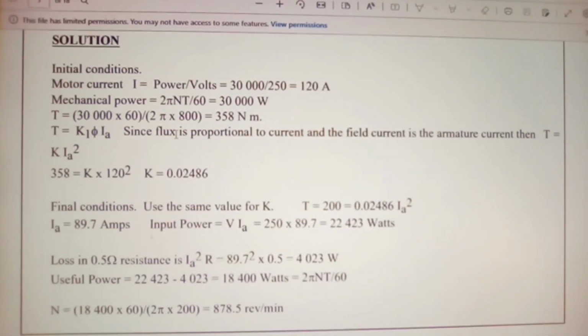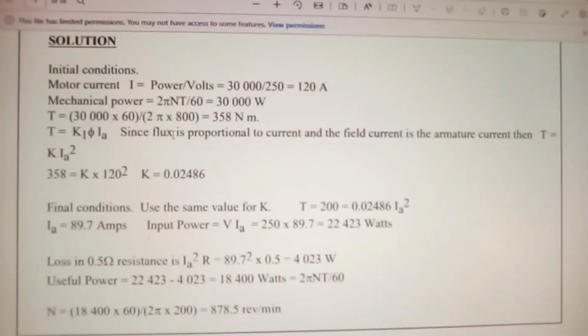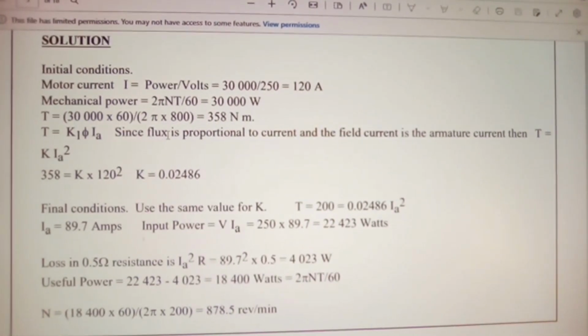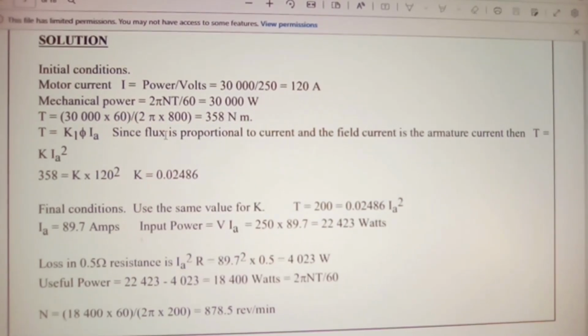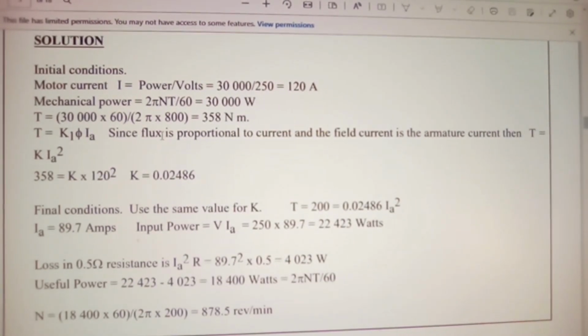Okay, it's given here that K equals 0.02486. Now make sure you understand how they have arrived at that, because I have to admit I'm having a little bit of a problem figuring out how he arrived at 0.02486. Maybe I'll look at it from a different perspective.